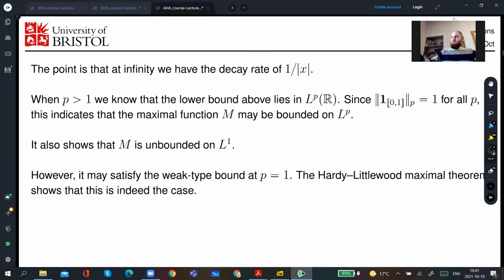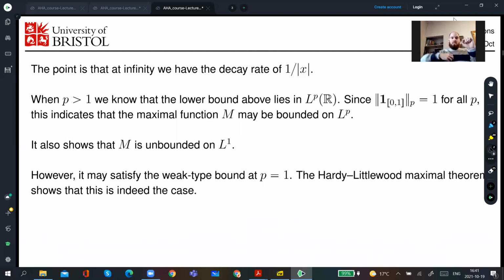What we saw is that we started with a compactly supported function, and we calculated the maximal function of it. When all of our mass is concentrated in a compact set, when you look far away, you have decay that looks like 1 over x in R1 times the size of that set, which we just assumed to be finite.